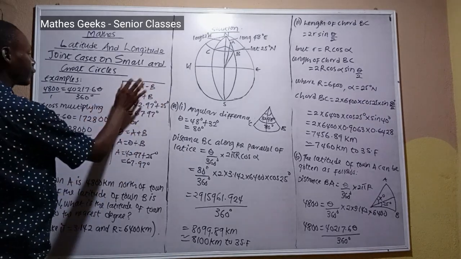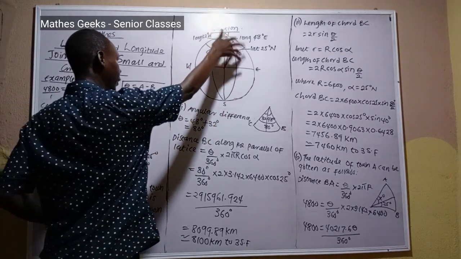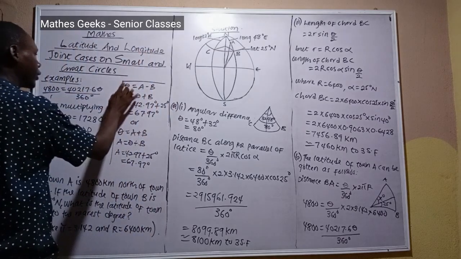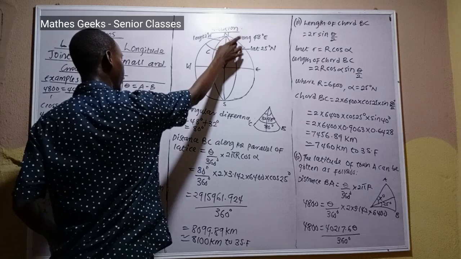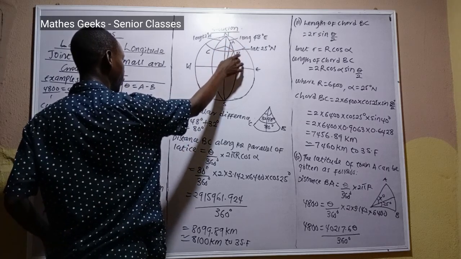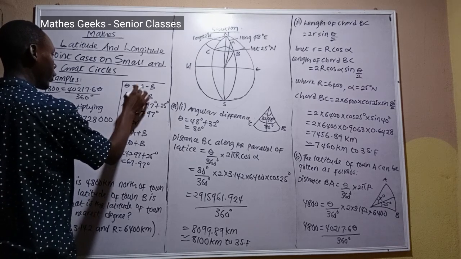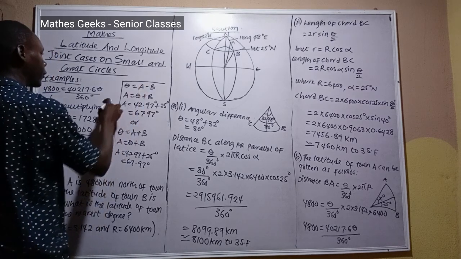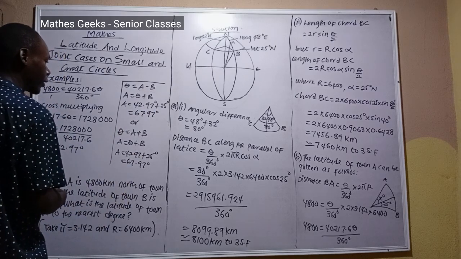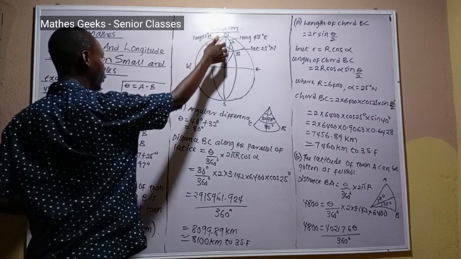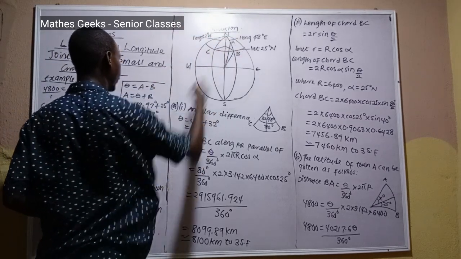This one is straightforward. Since they are on the same part of the globe, you have to subtract, so theta is A minus B. Why? A is higher and B is lower, so the latitude of A will be greater than the latitude of B. So subtract the smaller latitude from the bigger latitude. Because we are looking for the latitude of A, we bring B to this side, and it becomes theta plus B. This is based on the fact that as we move northward, the latitude increases to be greater than B, so subtracting A from B will not make sense.